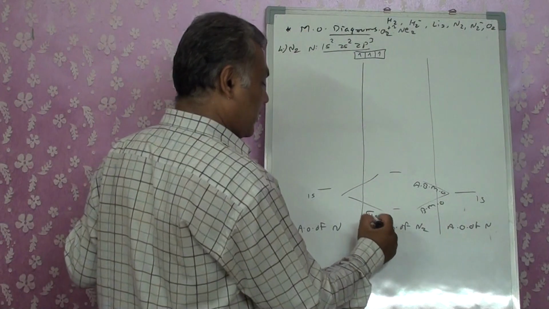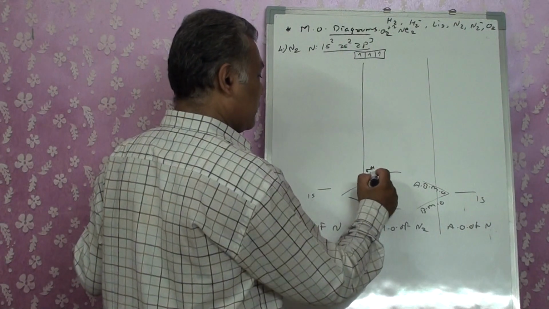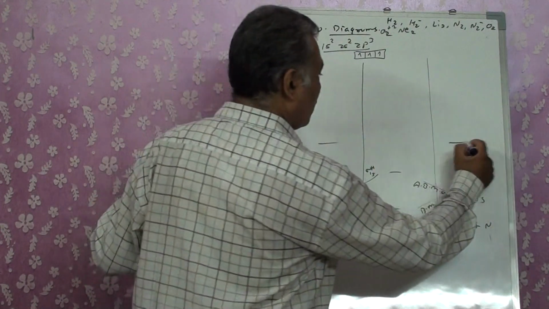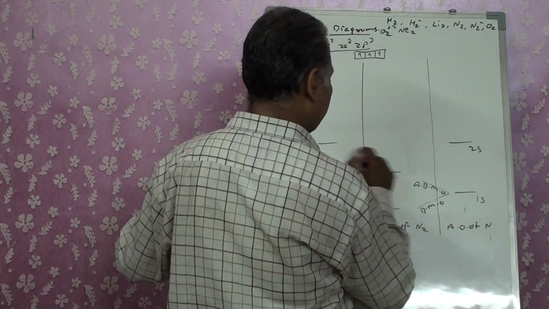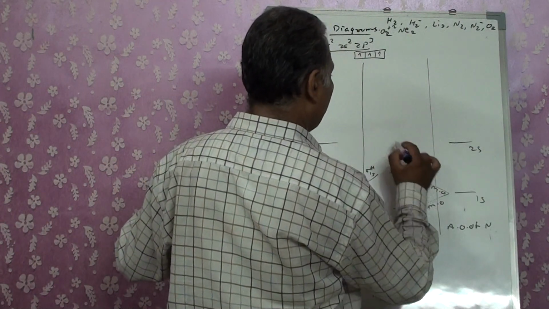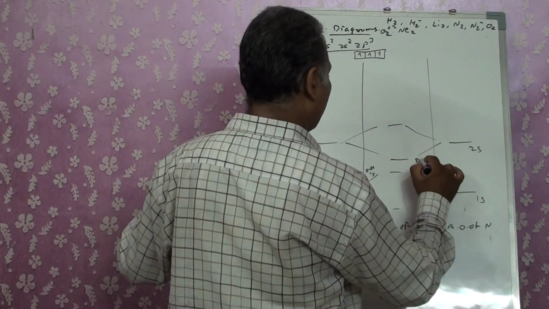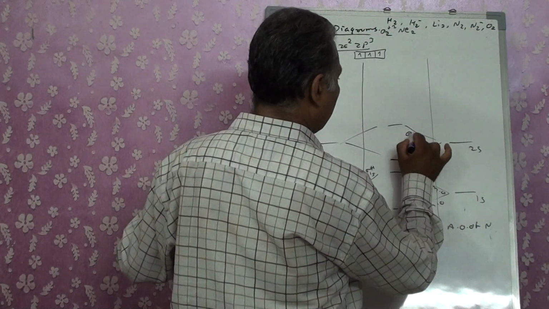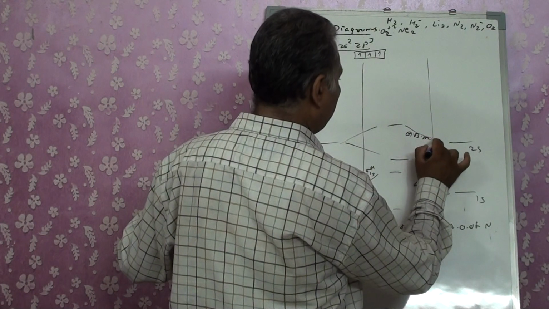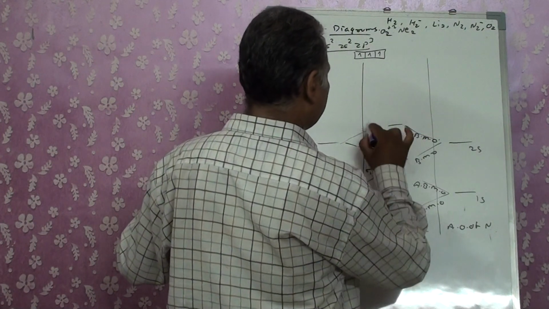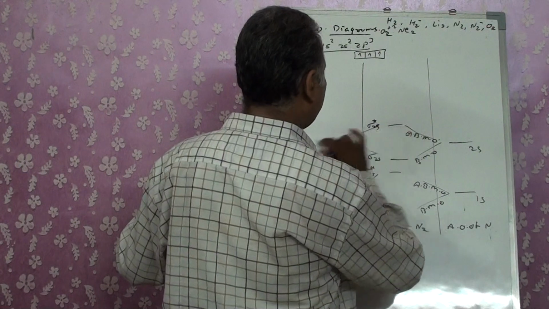This one is sigma 1s, sigma star 1s. Then you have 2s, one with a lower energy, one with a higher energy. This is the bonding molecular orbital, anti-bonding molecular orbital, sigma 2s, sigma star 2s.